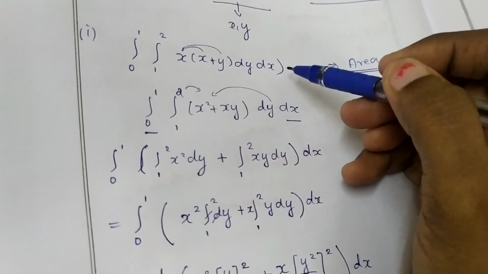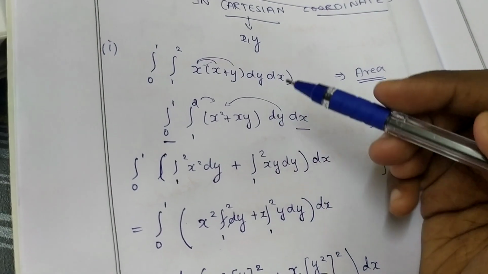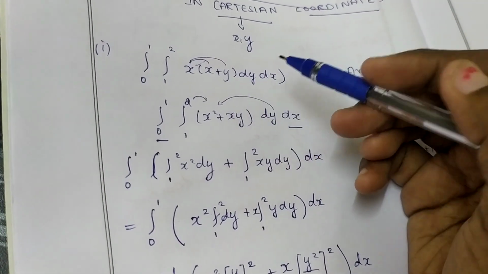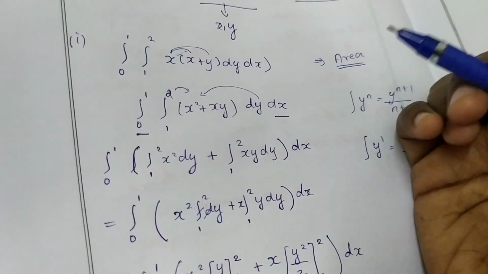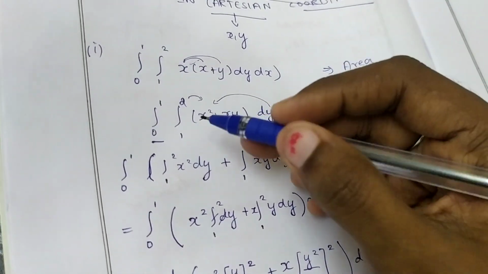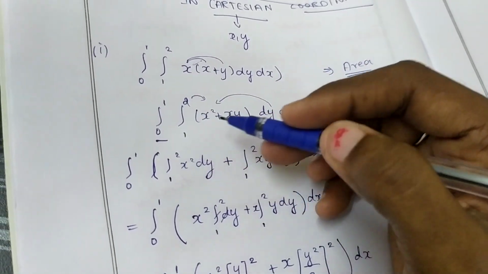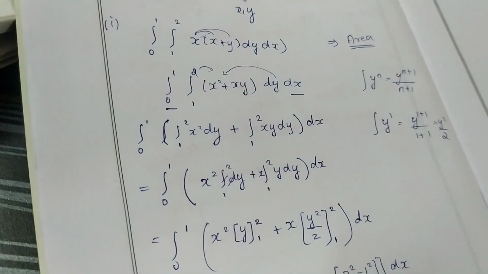Understood? So what I'm doing is just multiplying this with a number, and you can also do this problem without multiplying. When you multiply, it gets easier. If you have any limits in your integration symbol, you can directly substitute.